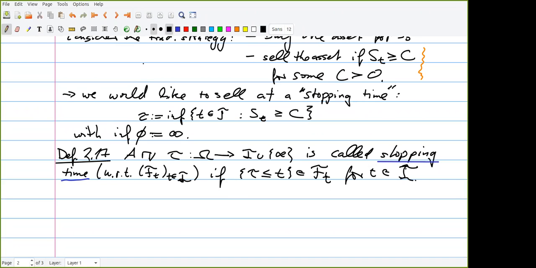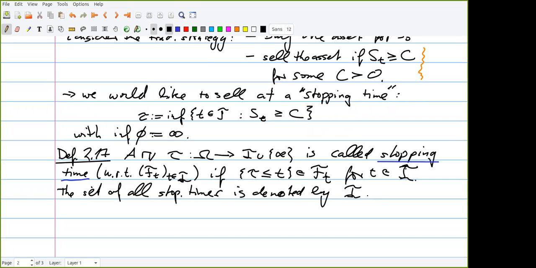And just to make my writing simpler, the set of all stopping times is denoted by I_S, right? I is our index set, and this is a deterministic set, and now we extend it to stopping times.